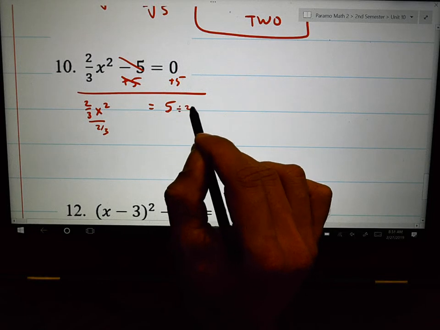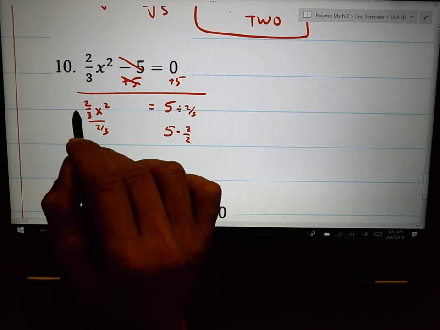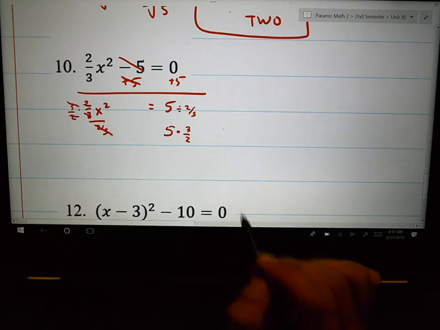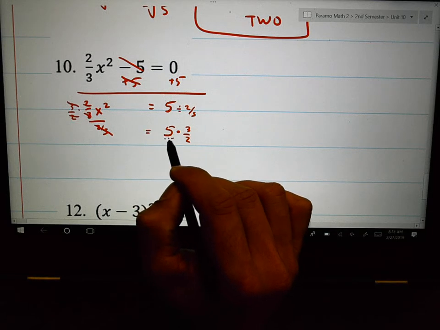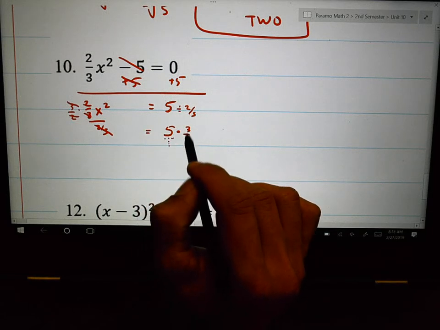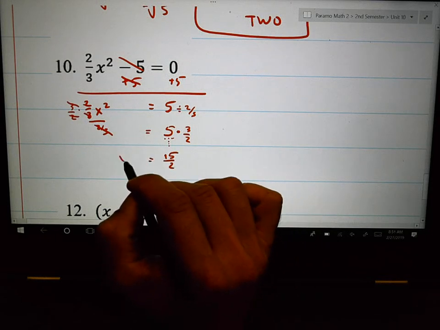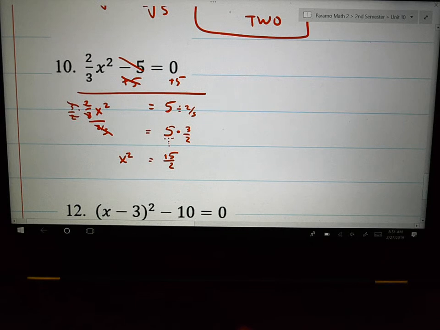Divide by 2 over 3 is the same thing as multiplying by its reciprocal. 5 over 1 times 3 over 2 is the same thing as 15 over 2. Just leave it as a fraction for now. You could switch it to a decimal, but there's no need.